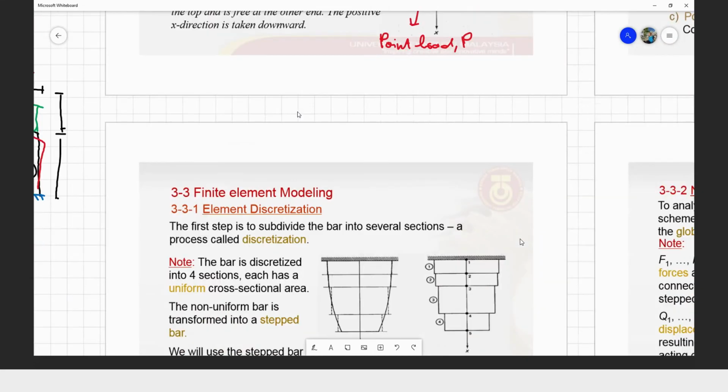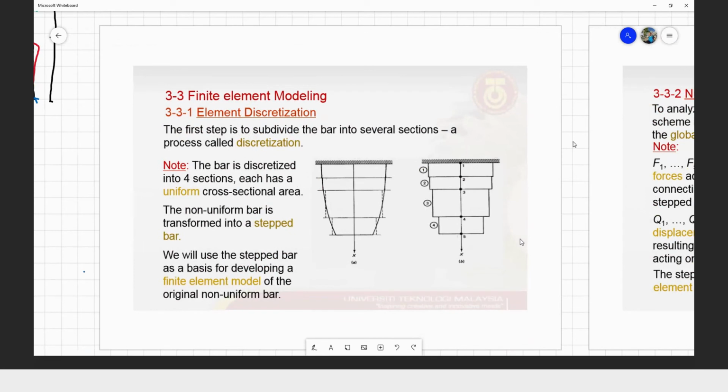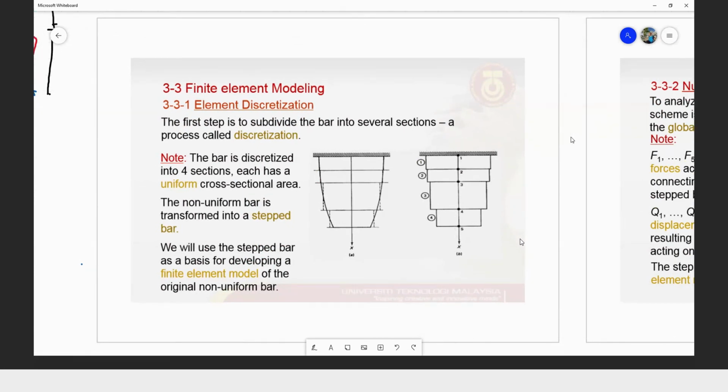That means the size of the bar is not uniform. So that means it may have larger diameter on the top, and then smaller diameter at the bottom or at the tip. And then dia punya section dia ni, dia varies kan, dia tak sama.